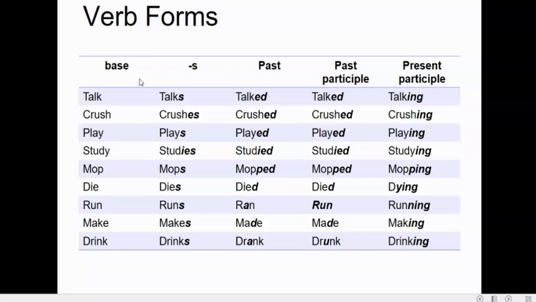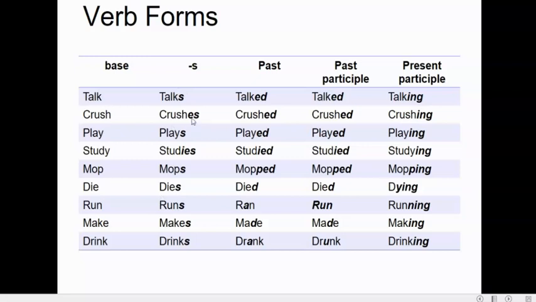I is the first person singular, we is the first person plural, you is second person singular and plural, he, she, and it are the third person singular, which is what Ximena was talking about a while ago, and they is third person plural. So since Ximena can be substituted for the word she, third person singular, I know that the form of the verb that I have to use in the simple present tense is the S form.